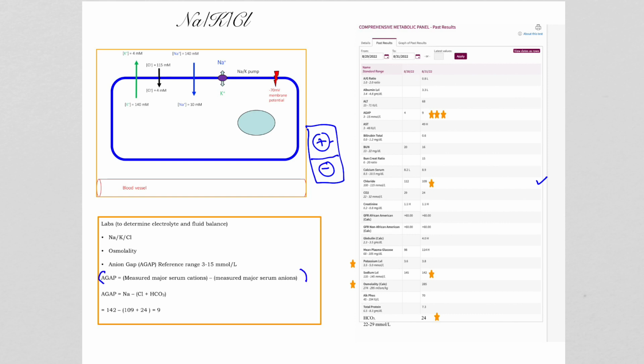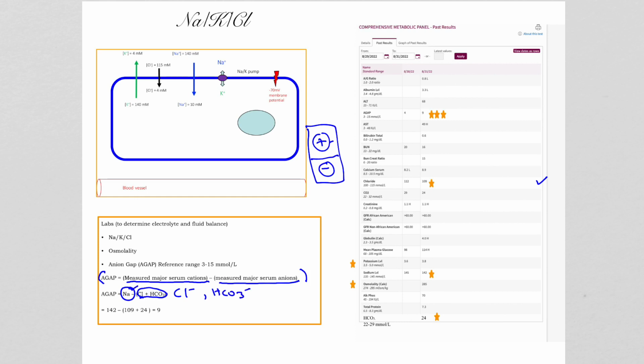Anion gap is equal to the measured major serum cations, the most important being sodium, which is routinely done, minus the measured major serum anions. And the two that are commonly measured are chloride and bicarbonate.